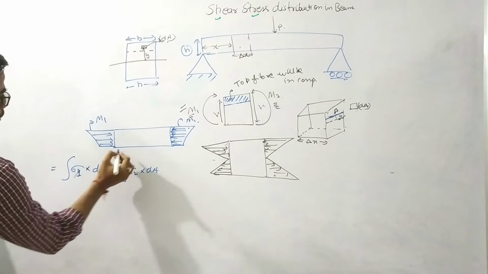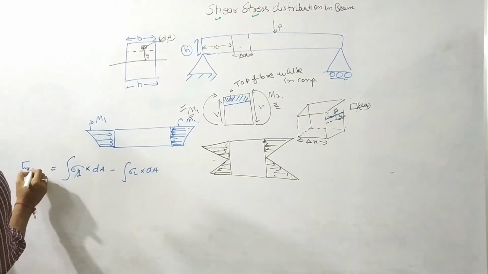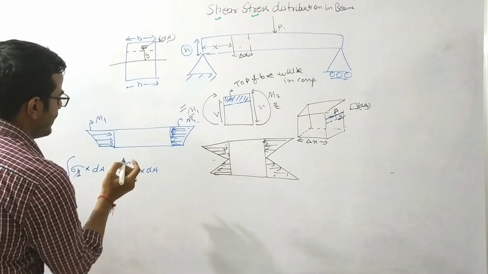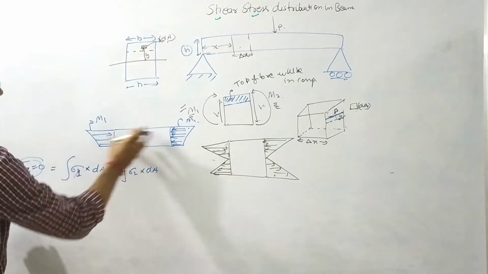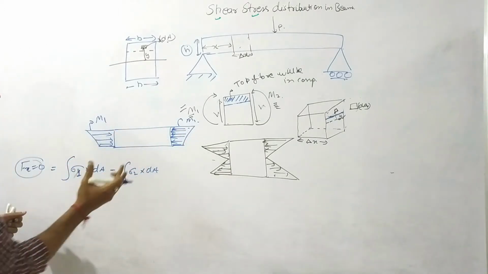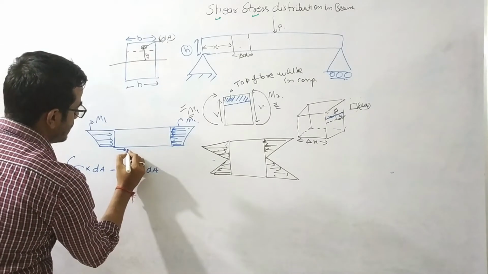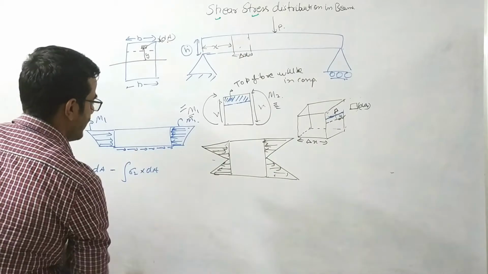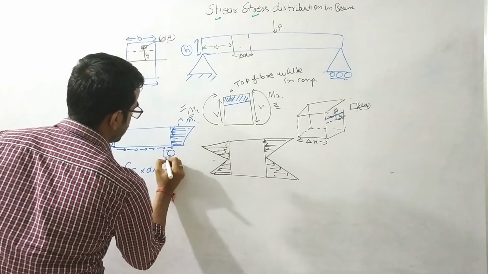And in the horizontal direction, my Fx should be 0 for the horizontal equilibrium. So I will need some extra force to balance this unbalanced force which is generated due to bending. To counteract this extra force, I need to have some force at this horizontal plane. Let us suppose this stress is tau.